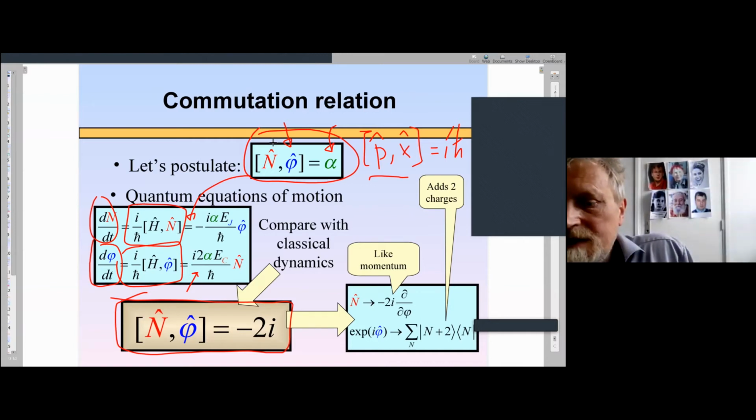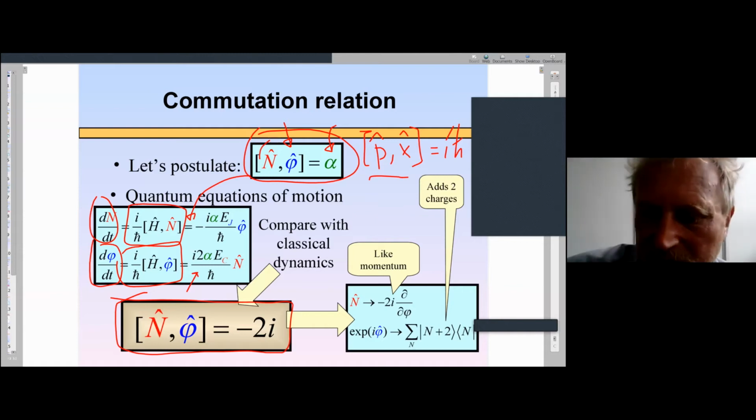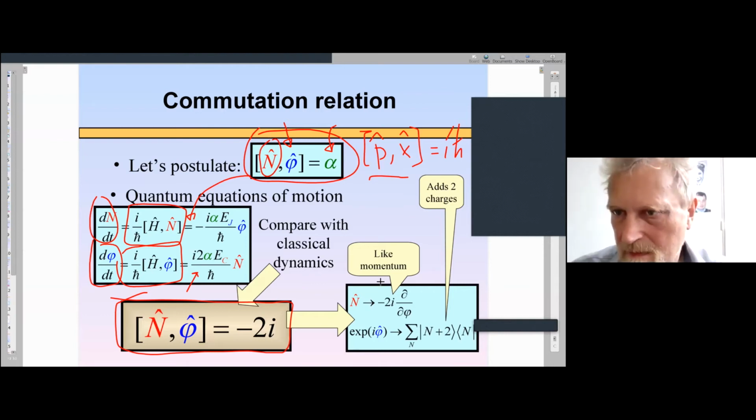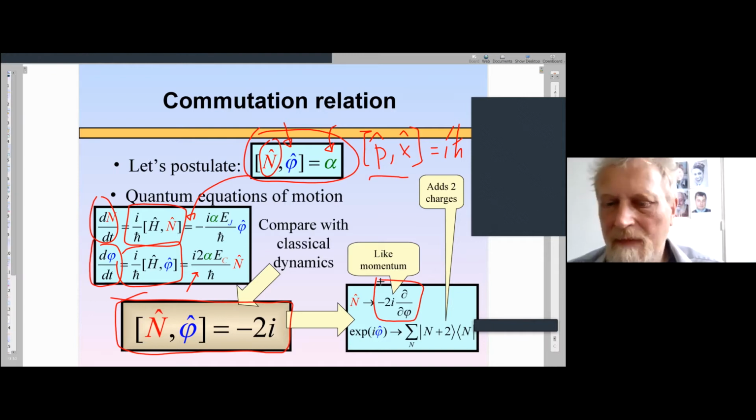And momentum in a representation where phase is diagonal is represented as a derivative with respect to this phase. This is the representation of charge in the representation where phase is diagonal. I want to do the reverse trick: I want to represent phi in terms of charges, in charge space.